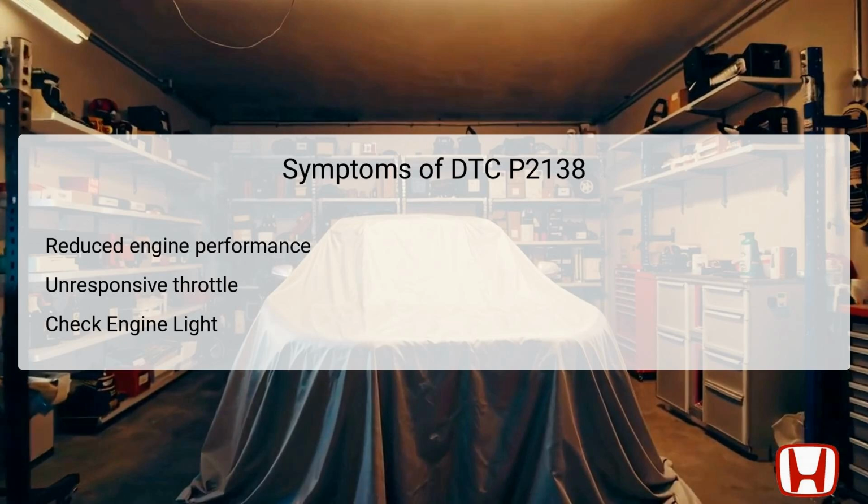Furthermore, the check engine light will likely illuminate on the dashboard, indicating that there is an issue that requires immediate attention. These symptoms not only affect driving experience, but can also become safety concerns. Understanding and addressing these symptoms quickly can prevent additional complications and repairs down the line.